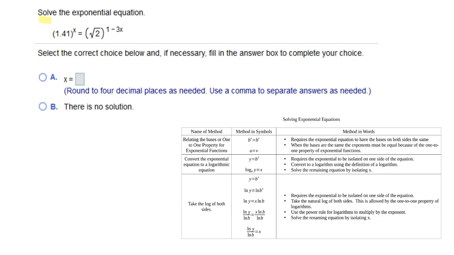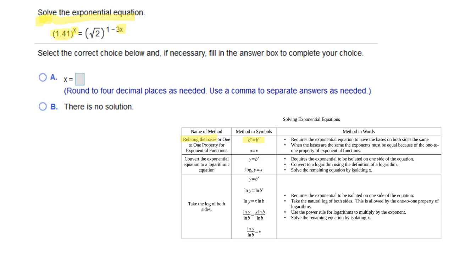This question says, solve the exponential equation. So we know this is an exponential equation because we have variables in the exponent. I've got a table down here which has the different methods for solving exponential equations. We have relating the bases, which requires us to make both sides have the same base.